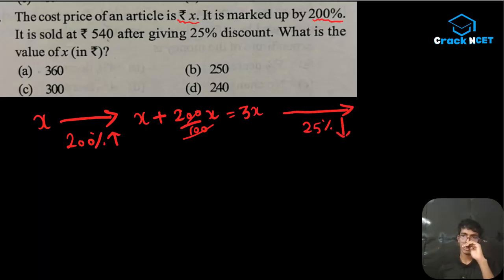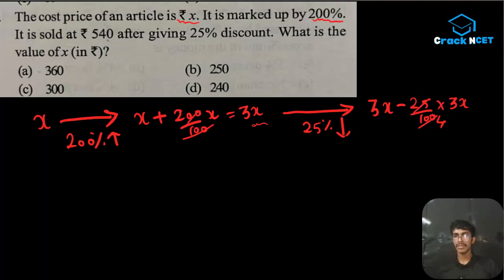ठीक है? So discount is given. Discount मतलब reduced. Marked up means increase. 25 by 100 of what was the price? 3x. Initially उसका 25% discount दिया था ऐसे. So yeah, which will be 4 3s are 12, 12 minus 3, which is 9x by 4, and it is sold at 540 rupees.